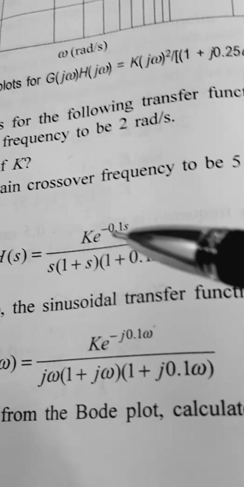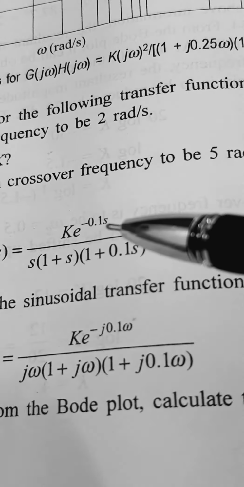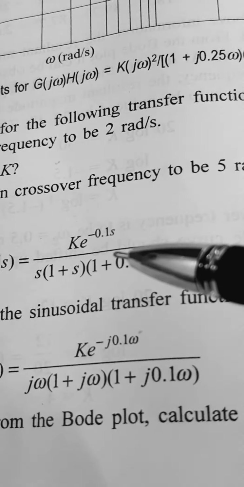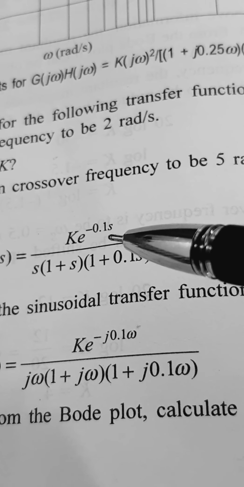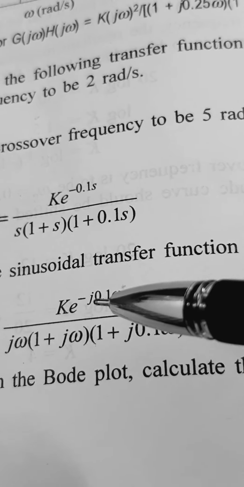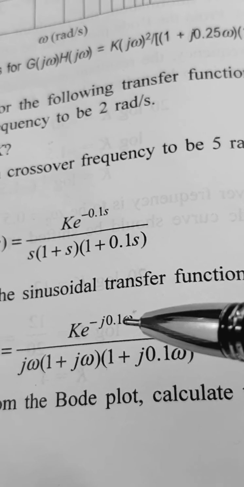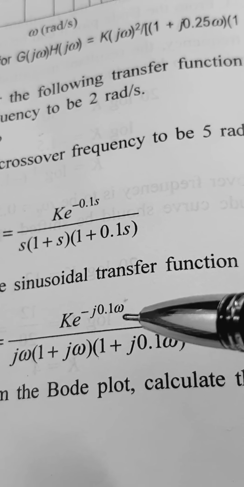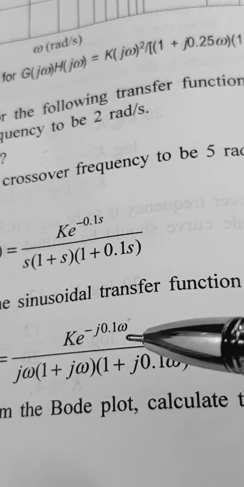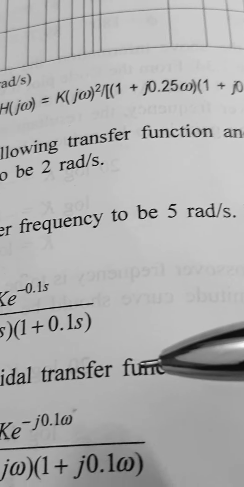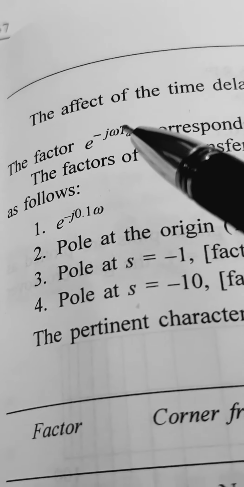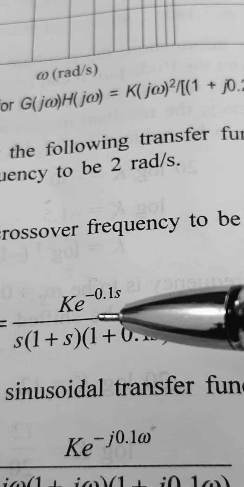Comparing with e to the power of minus j 0.1 omega, here Td is 0.1.